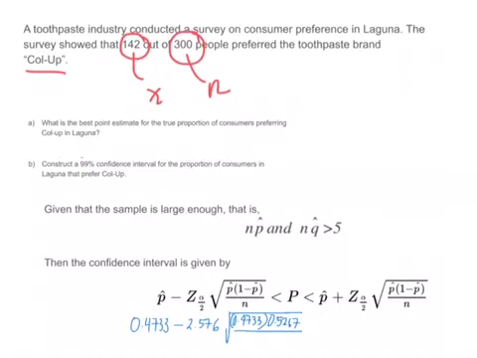We asked 300 people for this survey, so N is equal to 300.